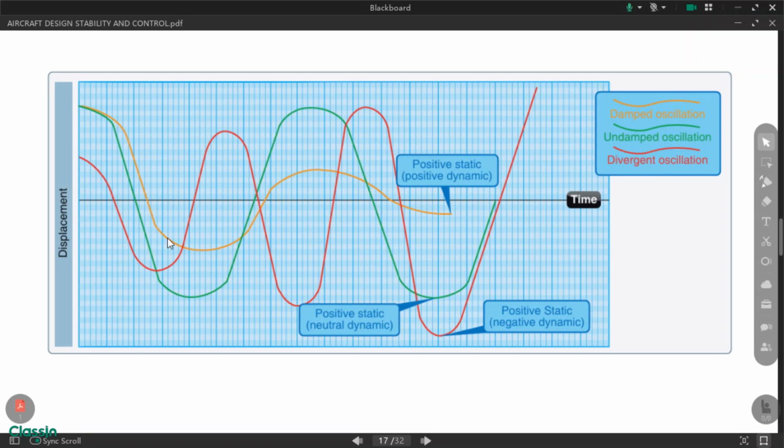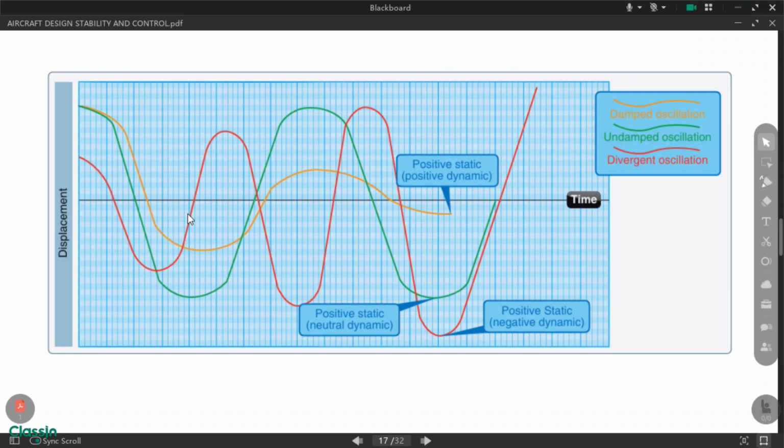So, interpreting yung curves that we have here, yung first curve natin, again, itong kulay dilaw, it shows yung oscillation natin decreasing with time. Yung energy natin, it's gradually dissipated back into the equilibrium. This is called yung positive dynamic stability. Next would be the second curve, yung ating kulay green.